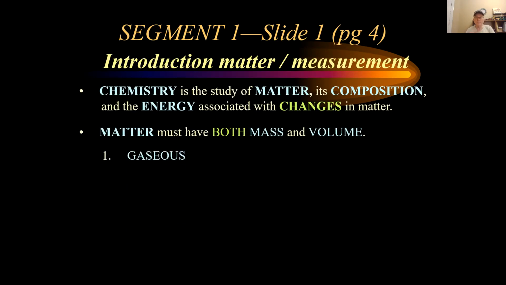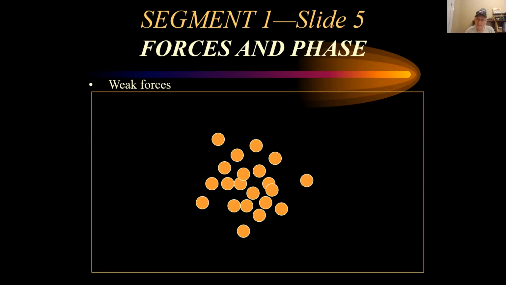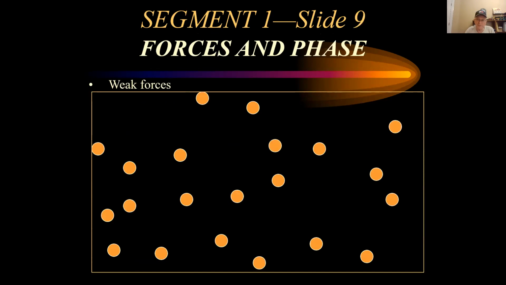And you can find matter in a gaseous form. If we think about a sample of gas, now that wouldn't be a gas. All the particles are touching each other. But what would happen in a gaseous sample is the particles would be in continuous movement.